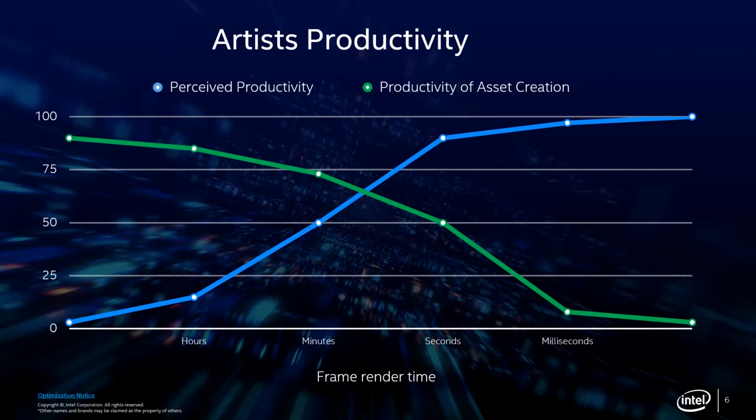Moving down to the millisecond will feel better to the artist, but it will not change by much what they can produce in their work. It is diminishing returns past some point. So you see that blue line going up: as things speed up, productivity increases. Something that is less known is how much effort an artist has to put into the creation of the assets themselves in order to efficiently feed a renderer.